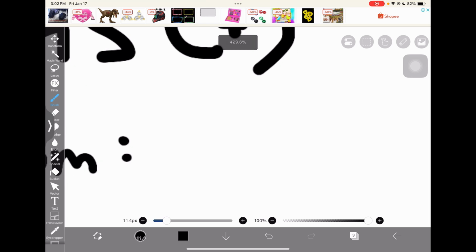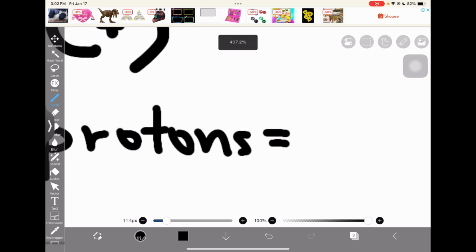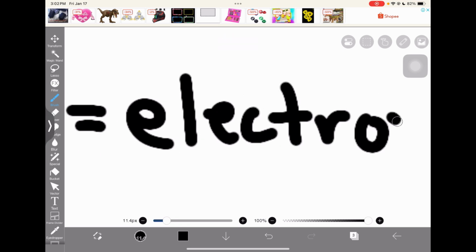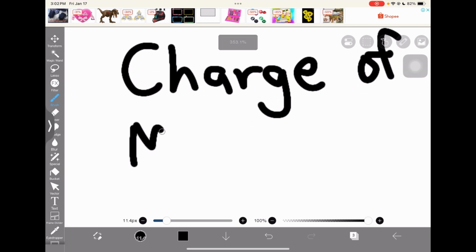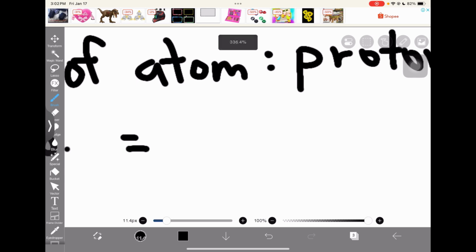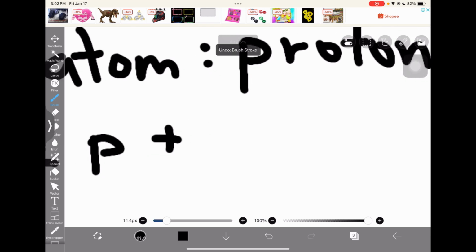Therefore, the amount of protons is equal to the amount of electrons. Meanwhile, the mass number of the atom is equal to the amount of protons, I'll just write P, plus neutrons.